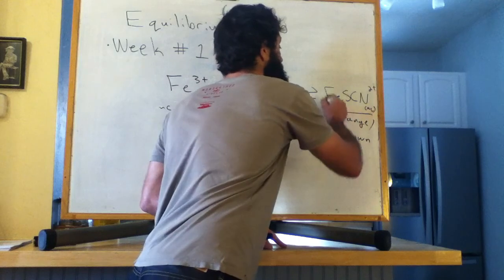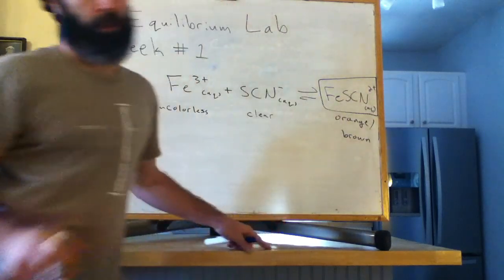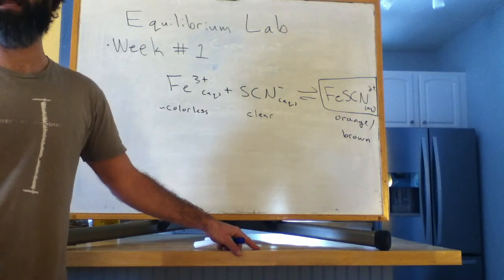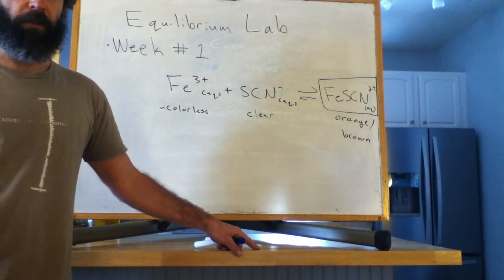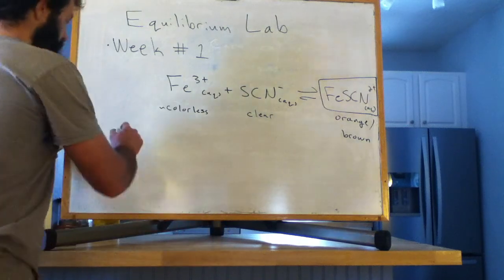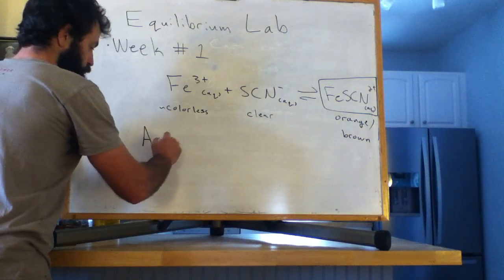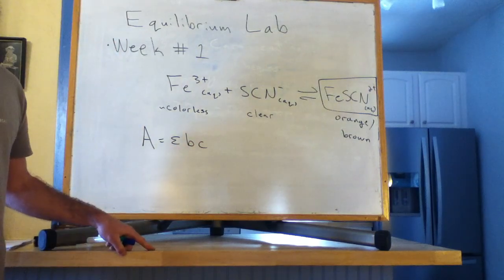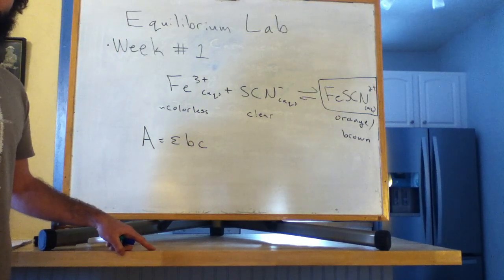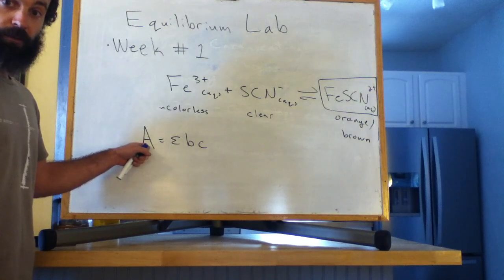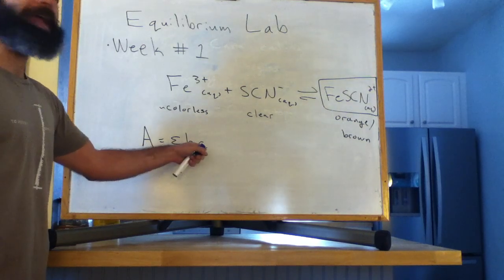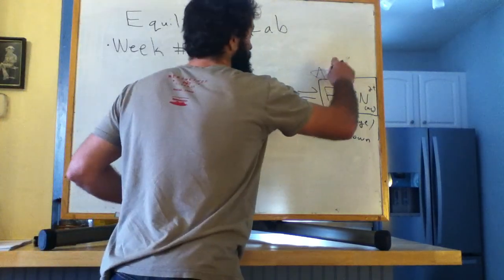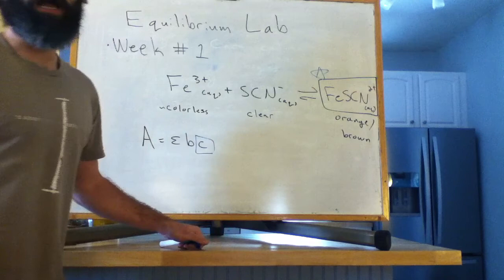And we can determine the concentration of this complex essentially by measuring the absorbance of visible light at a particular wavelength. So remember Beer's law, which tells us absorbance is directly proportional to the concentration of the absorbing species. So in this 2-week lab, we're going to be measuring absorbance values at a particular wavelength and relating those absorbance values to the concentration of this iron thiocyanate complex.